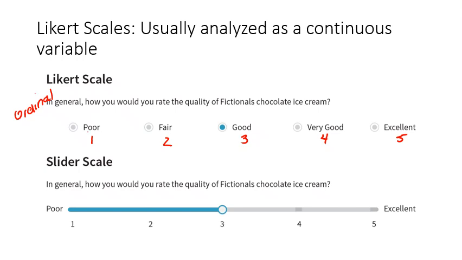The order matters. And we could also use a slider scale, something where we could move this and someone could just put their slider right here, which might be 2.33. In that case, we're taking the same question and using it as a strictly continuous variable where people's scores could fall anywhere in between.